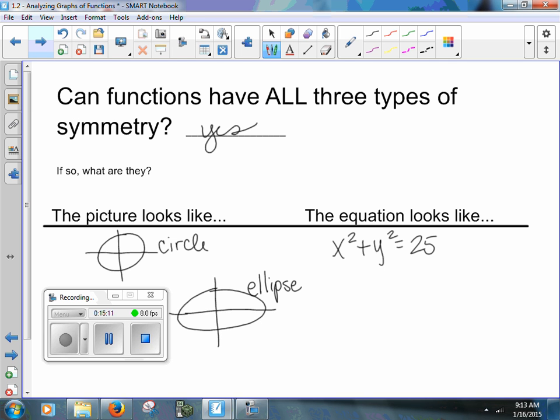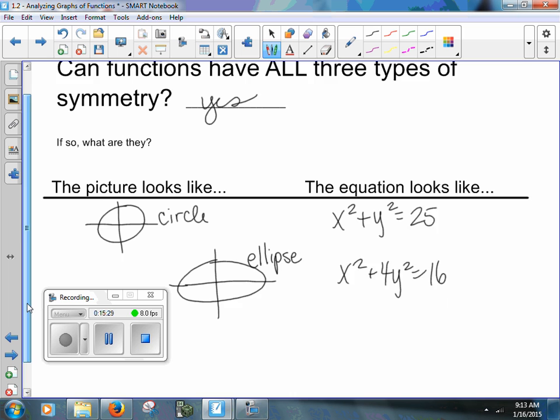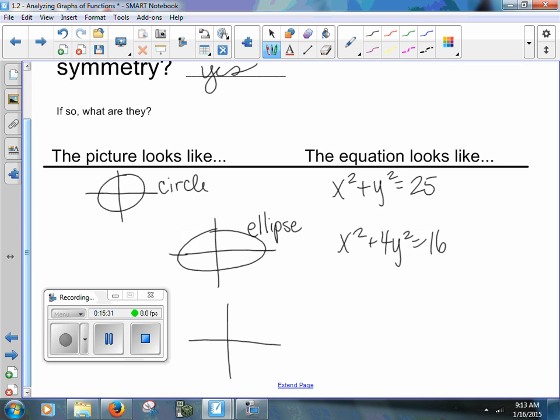It's kind of heavy on the right side, don't you think? It is. It's a second picture. I claim that. But it would look like this: x squared plus 4y squared equals 16. That's an ellipse. And there's one other one that would have all symmetry. See if I can draw this better.